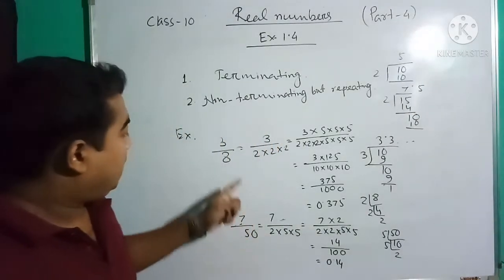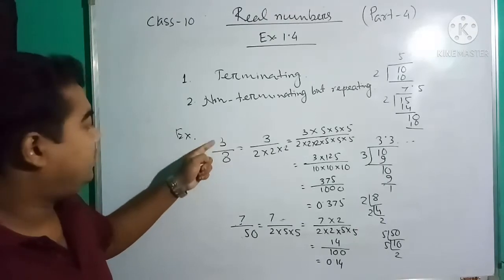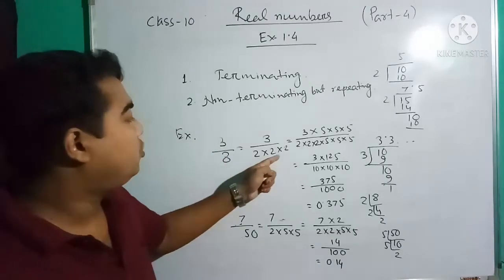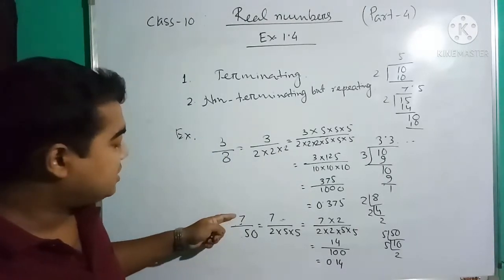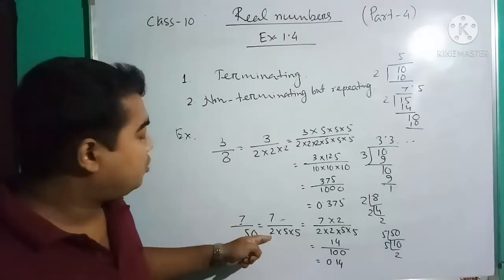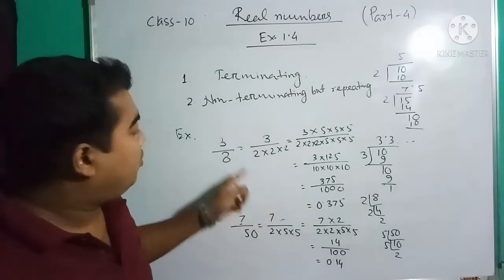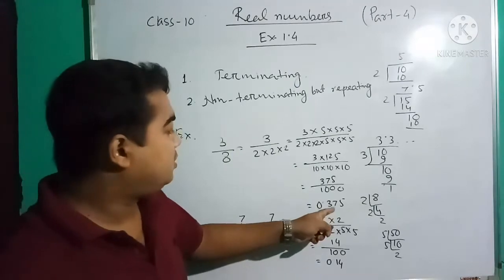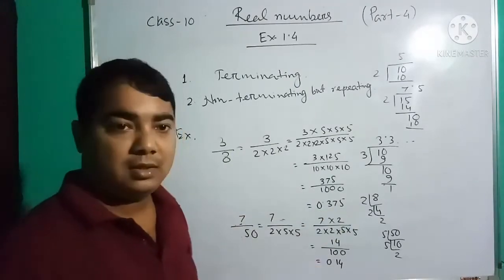See, at first, fraction 3 by 8: the factors of 8 are 2, 2, 2. Second fraction is 7 by 50, and the factors of 50 are 2, 5, 5. Both fractions' decimal expansions are terminating.